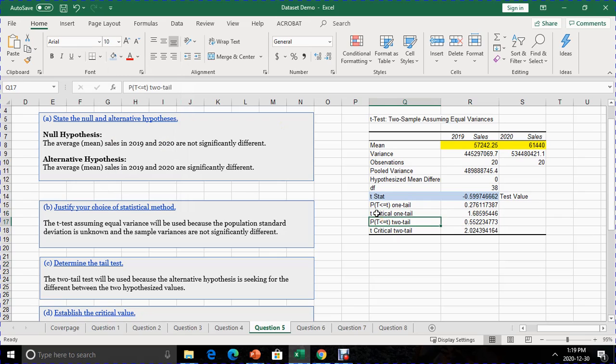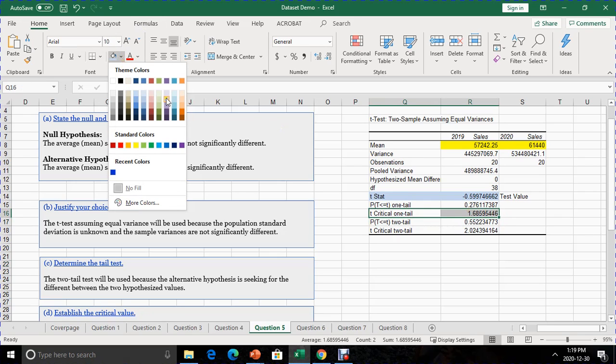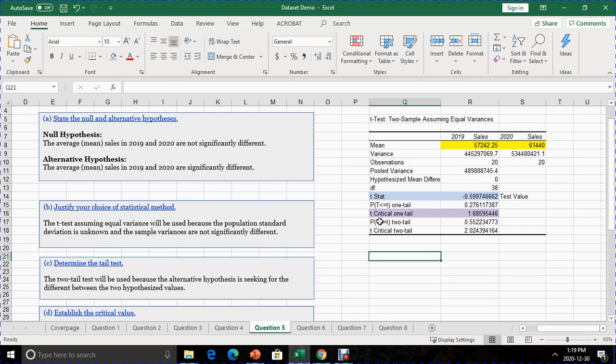The first, T critical value for one tail, and we also have T critical value for two tail. So what Excel does is Excel gives you a critical value for one tail and two tail, and then you have to make the choice as to which one is applicable to your test, right?